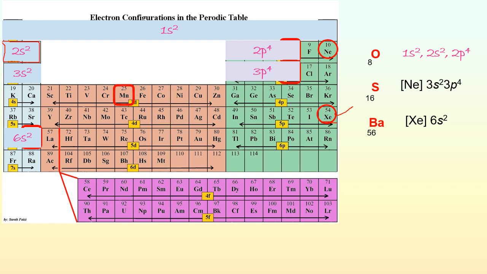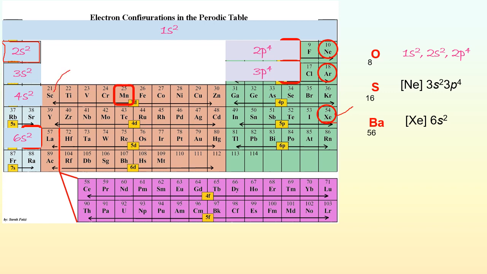Okay, let's have another example, manganese. For manganese, we have to find which noble gas is present before manganese, that is argon. Okay, and after that the 4s orbital is present, and it is also complete. So 4s2. Now it is present in the d block elements, so the last electron will be in a d orbital. At which position is manganese present?